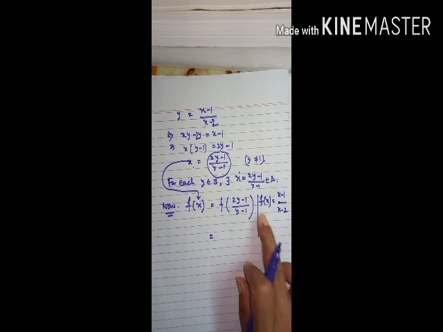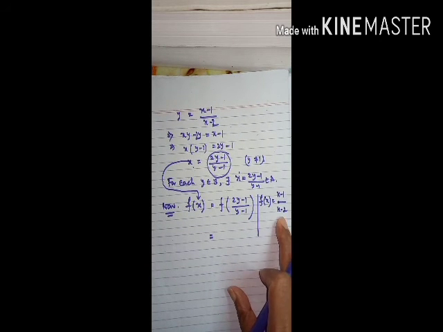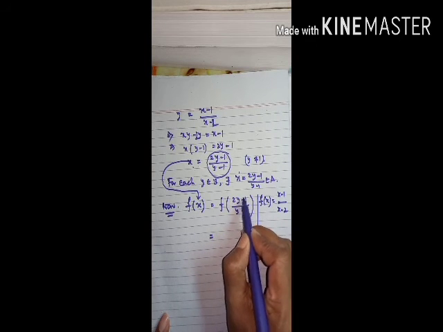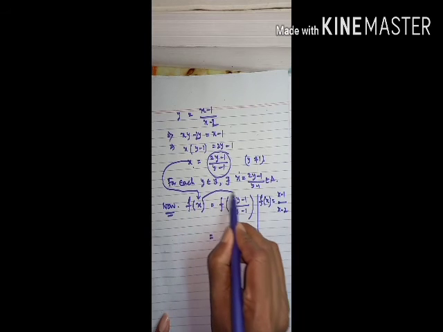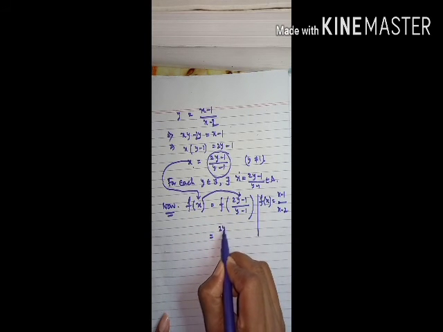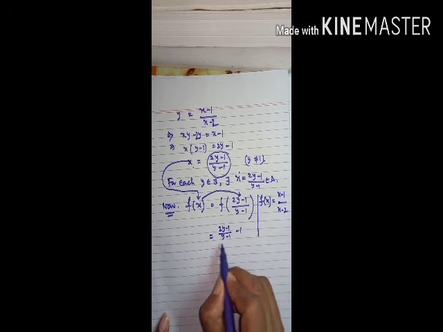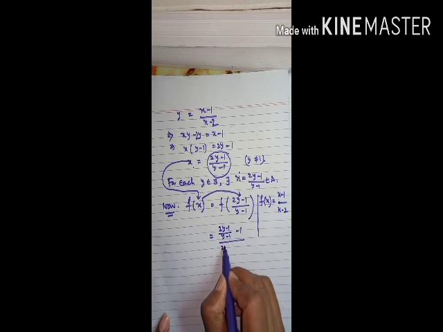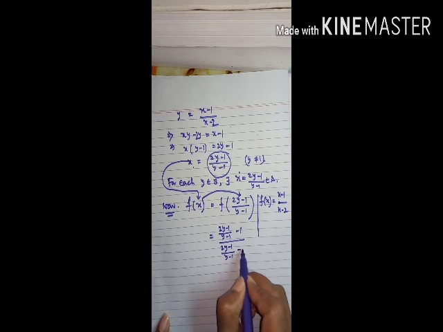Now we put the value of x we got, 2y minus 1 by y minus 1. So f of x equal to ((2y minus 1) by (y minus 1) minus 1) by ((2y minus 1) by (y minus 1) minus 2).